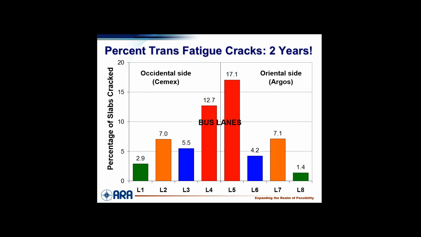Now this is looking at percent cracked slabs. I think it's transverse cracks. In the bus lanes, you had a lot more cracks, I think because the buses are forced to run near the edge, and that's bad for transverse cracking. So they really crack. But I want you to just look at this pattern right here.